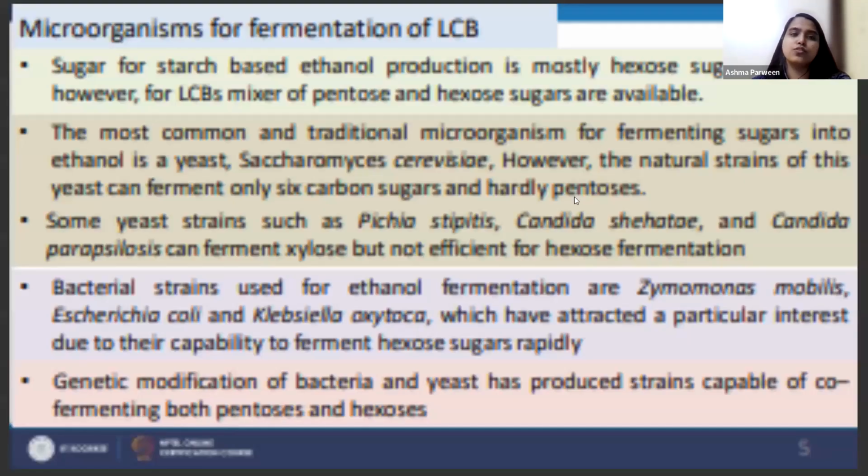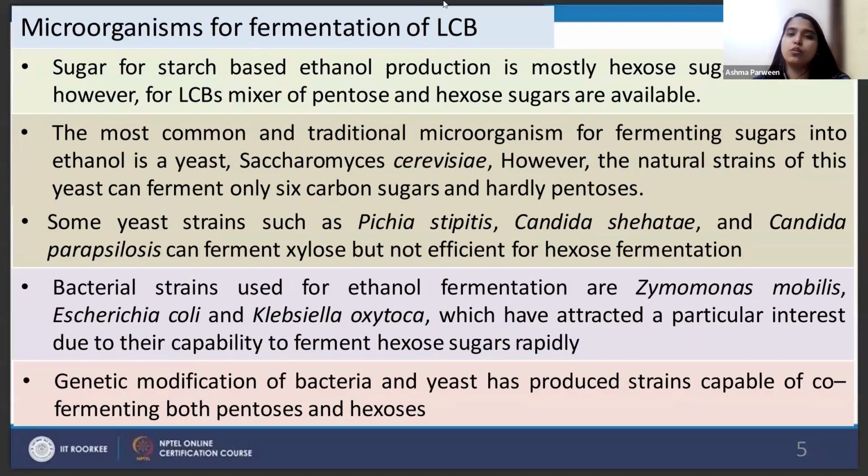Most of the sugar for starch-based ethanol production is hexose sugar like glucose. For lignocellulosic biomass mixtures, we have pentose and hexose sugars. Pentose has 5 carbons in its ring and hexose has 6 carbons.